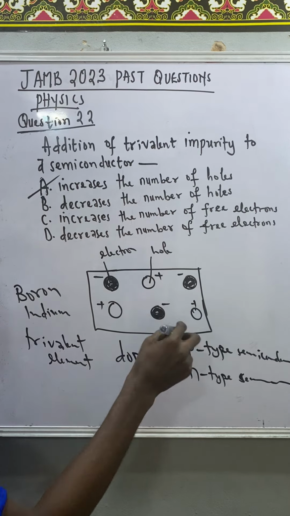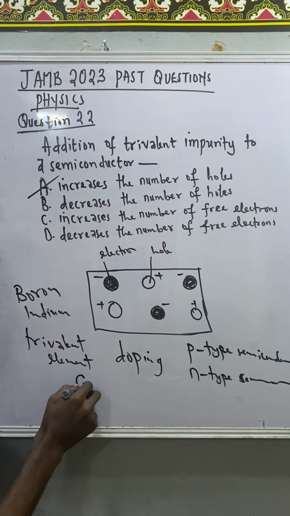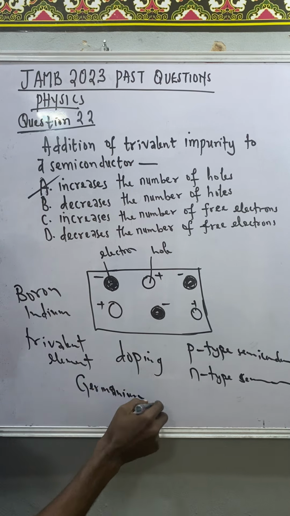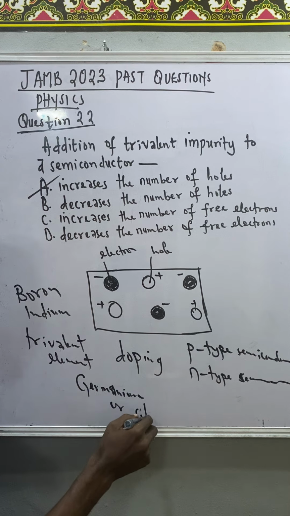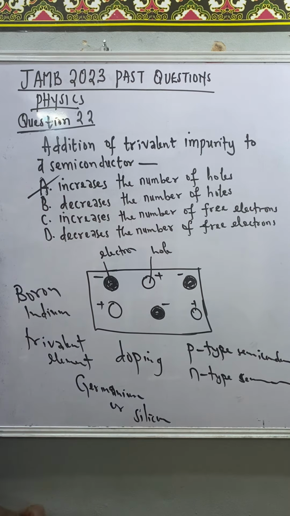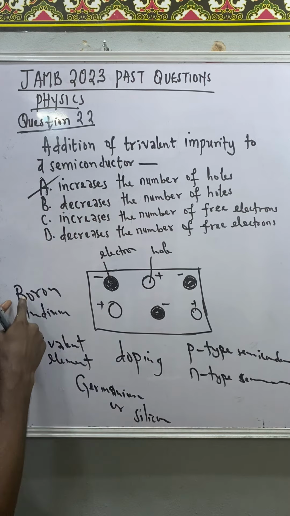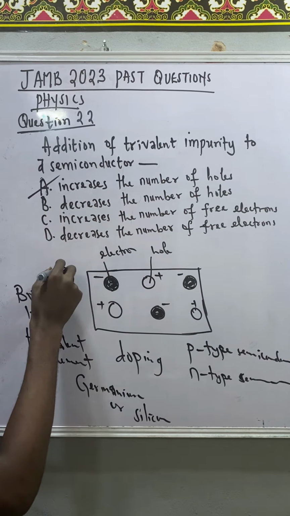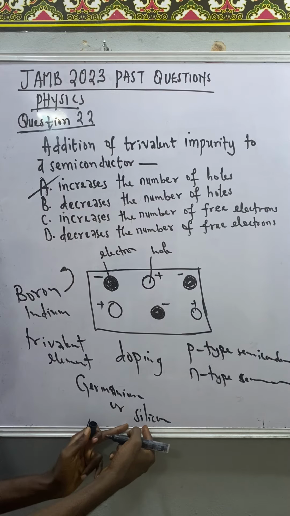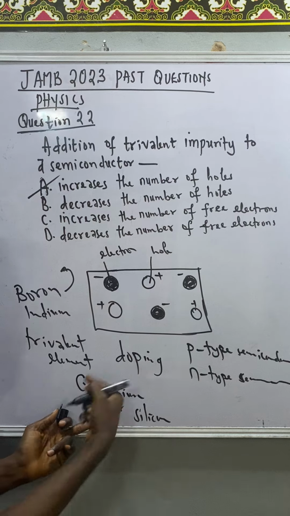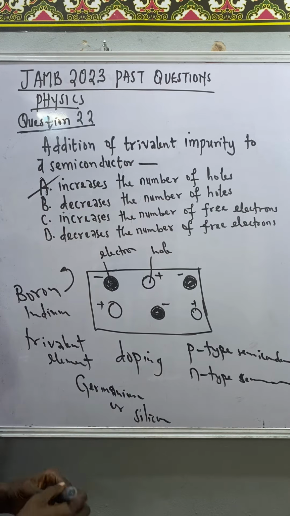Now, let's take, for instance, we add boron to germanium or silicon. Boron is trivalent. If we add it to silicon, now this boron is an impurity that we are adding to the pure semiconductor. Indium is also an impurity that we can add to the pure semiconductor.